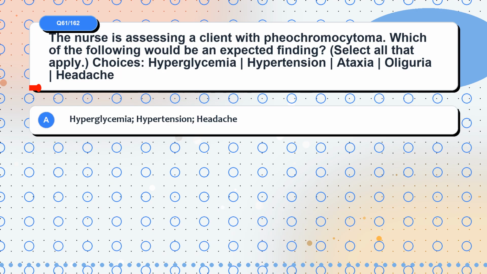Question 61. The nurse is assessing a client with pheochromocytoma. Which of the following would be an expected finding? Select all that apply. Choices: hyperglycemia, hypertension, ataxia, oliguria, headache. Here are the options. Option A: hyperglycemia, hypertension, headache.